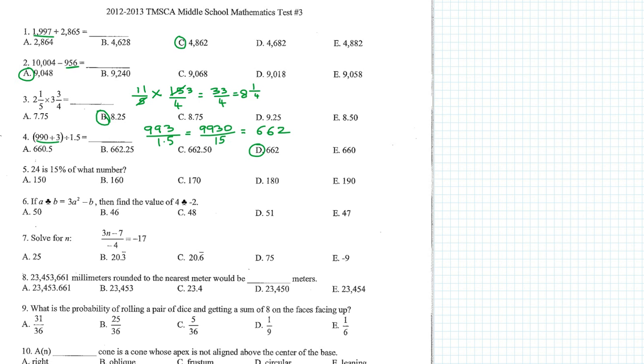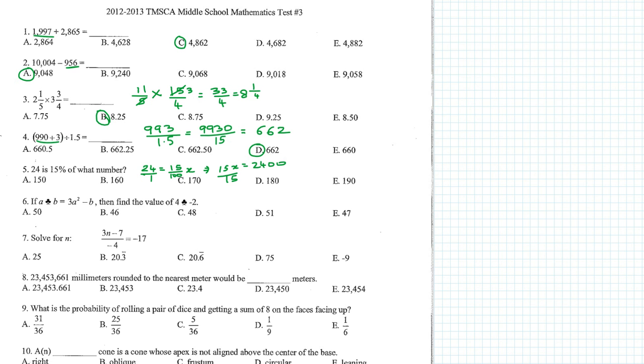Question 5. 24 is 15% of what number? So 24 is equal to 15% of X. So in other words, if we cross multiply, we get 15x is equal to 2400.